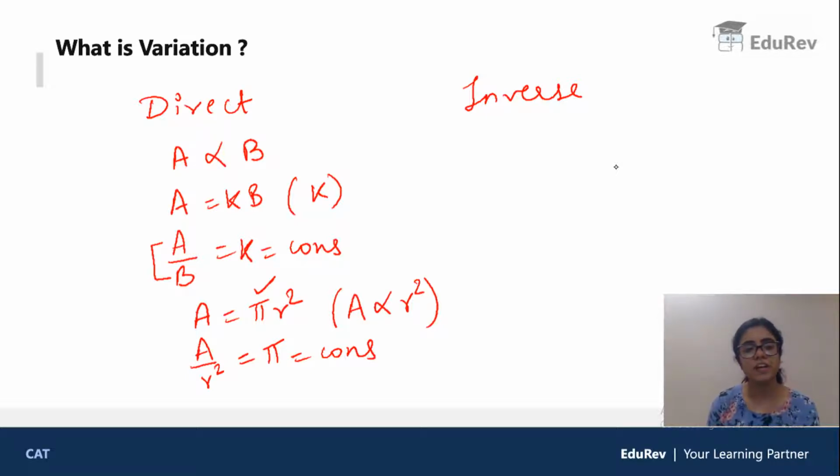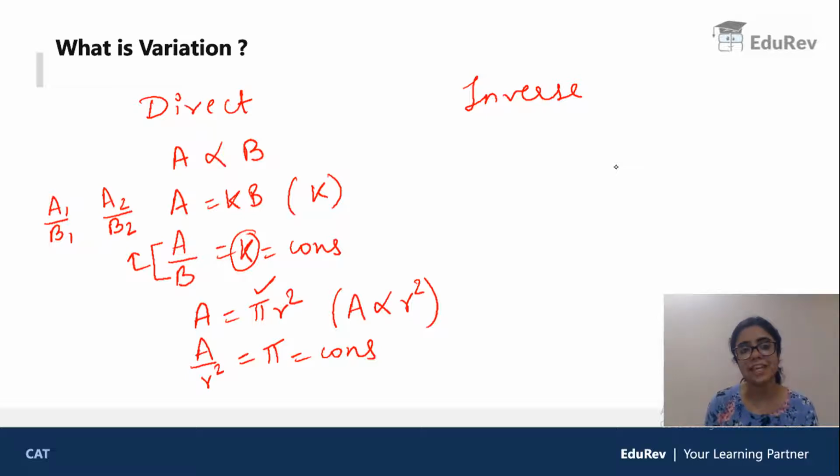Now suppose I give you two values, let's say a1 upon b1, and I give you one more value, a2 upon b2. But we know any a upon b ratio will always be a constant. Correct?